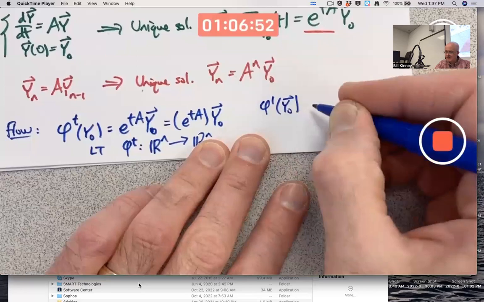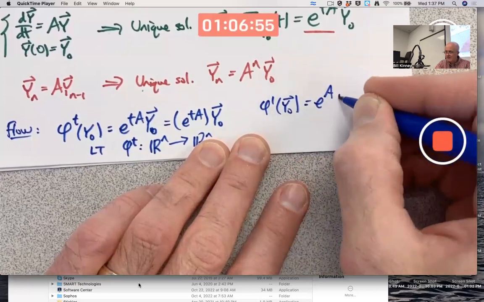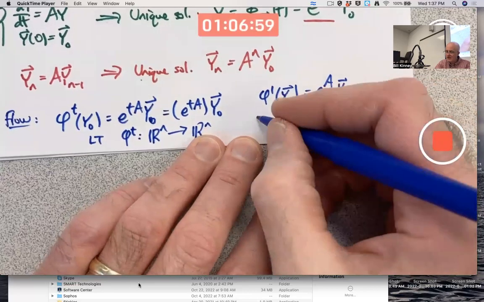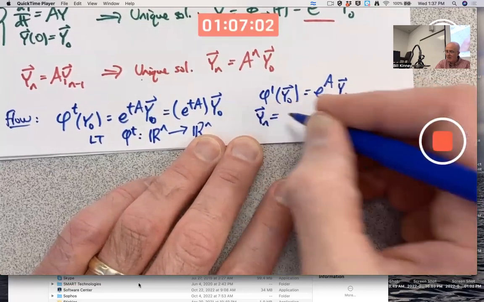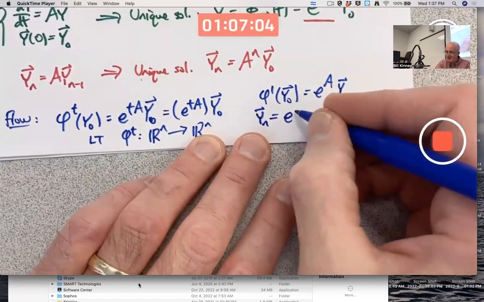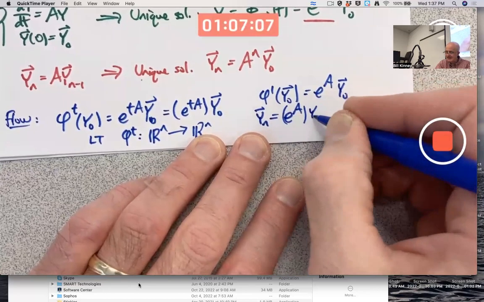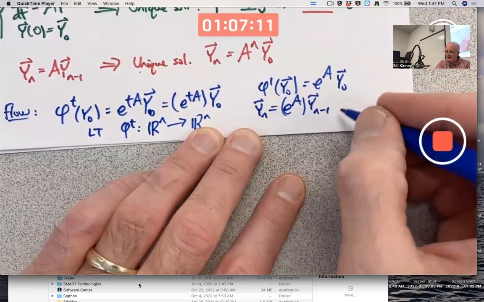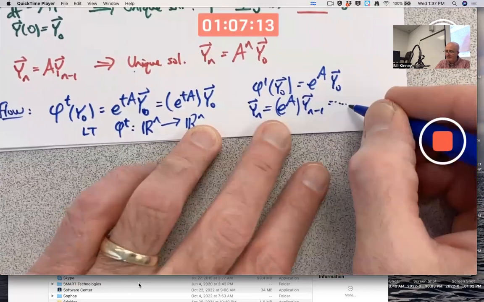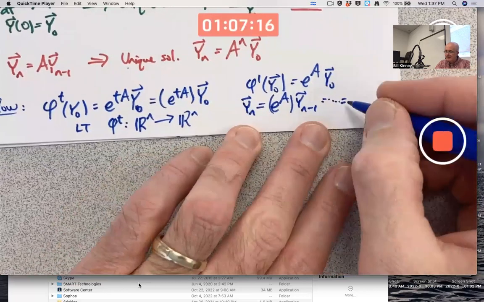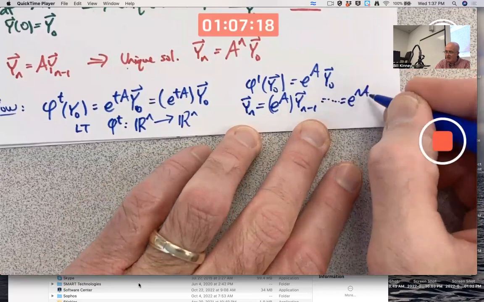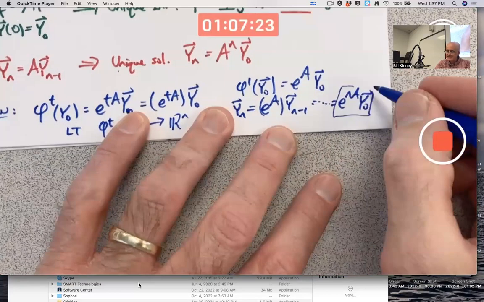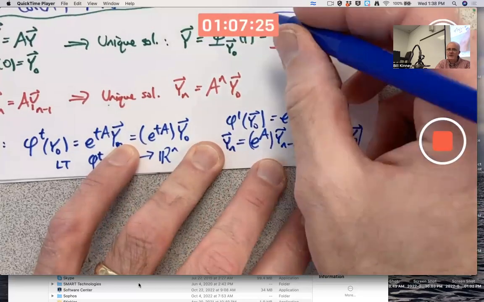You just replace t with 1 and you get e to the A times y0. And the difference equation that you get when you use the matrix exponential as your matrix, like this, has solution ultimately equal to e to the nA times y0, which matches the solution of the differential equation when you replace t with n.